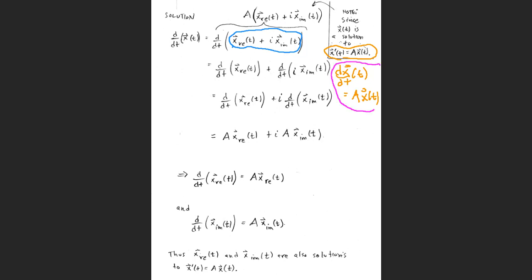So we're told in this problem that we do have a complex valued solution. Here it is. And I'm going to differentiate that complex valued solution. Now, the derivative of a sum is the sum of the derivatives.